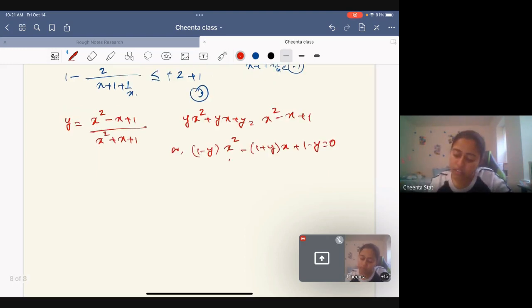So this is a quadratic equation. You can solve it for x using Sridharacharya's formula, minus b plus minus square root of b squared minus 4ac, or else use the discriminant.